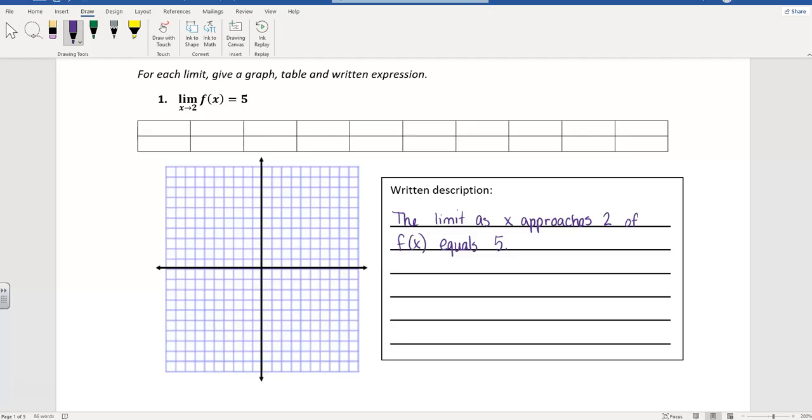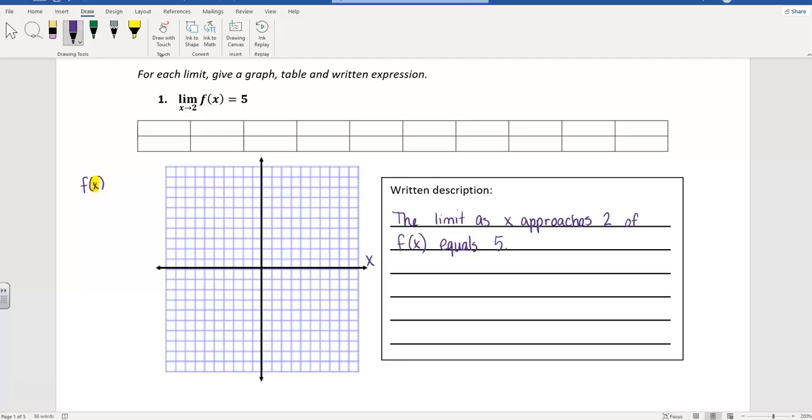Whenever you make the graph, there's some specific things I'm going to be looking for, okay? I want you to label your x and your y-axis using your function notation. So if I have f of x, whatever's on the inside of the parentheses is your independent variable. It goes on the horizontal axis. Now, this is one of the most common ones that we see. It is f of x. So x goes on that x-axis.